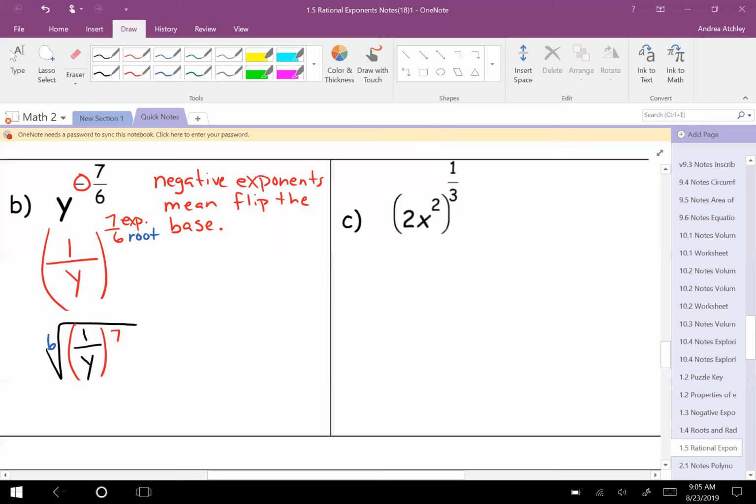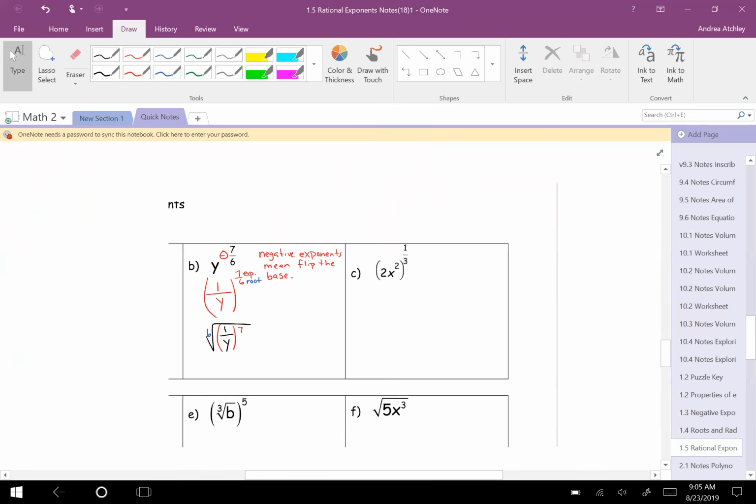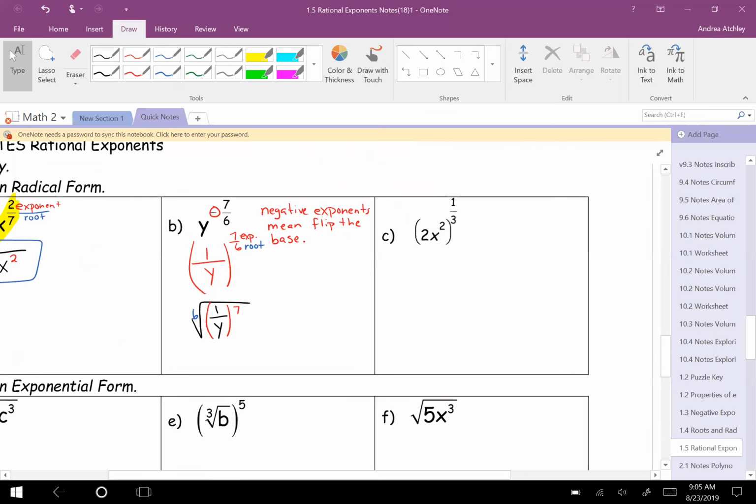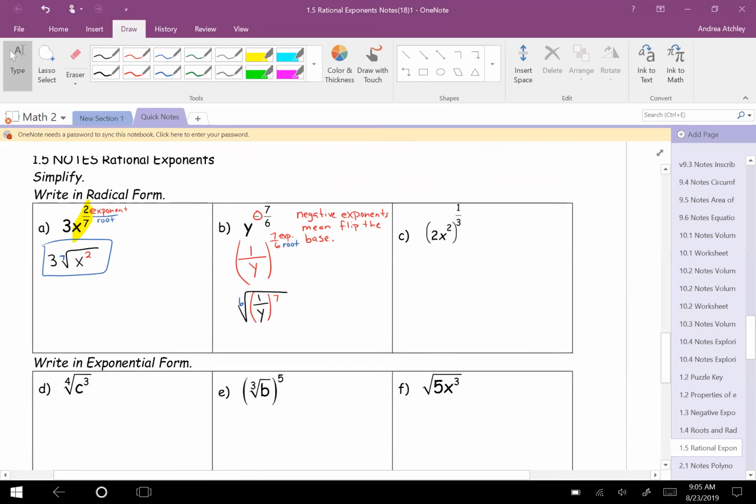Okay. Next one. Now let's compare C and A. In C, this whole thing needs to go inside because I'm in the parentheses.